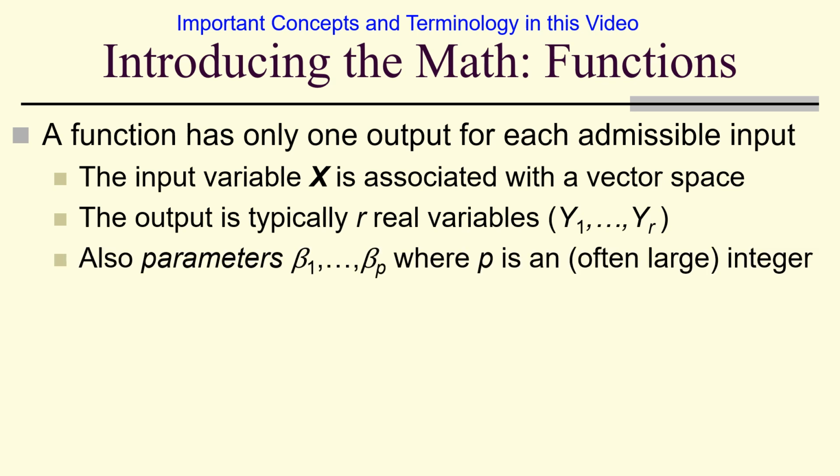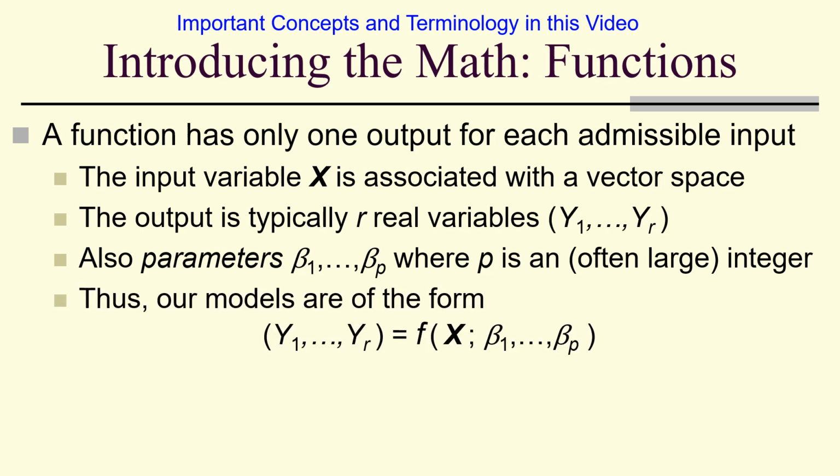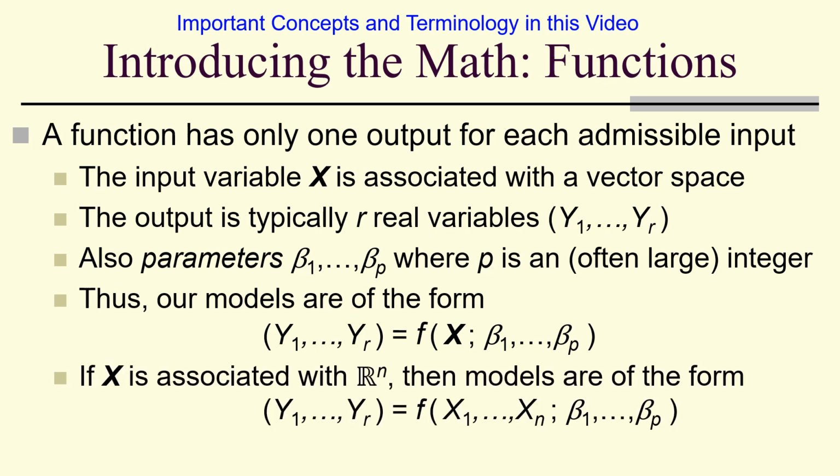And there are also going to be parameters, which we'll indicate, at least initially, using beta. So our models are of this form. We have a tuple y1 to yr equal to some function of x given these parameters also in the model.